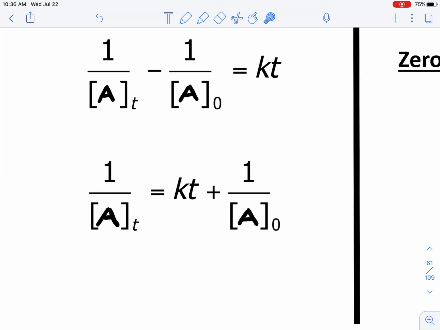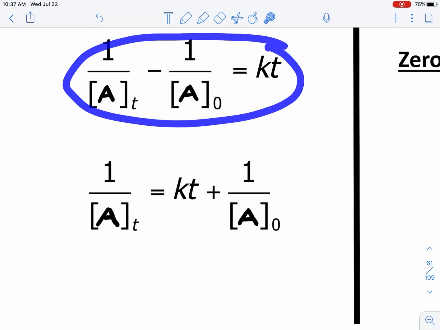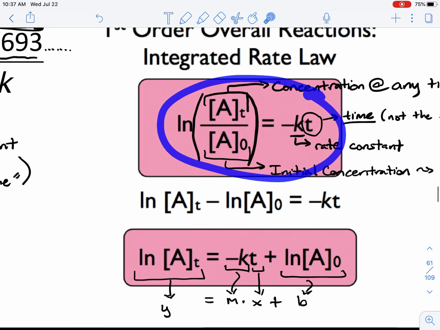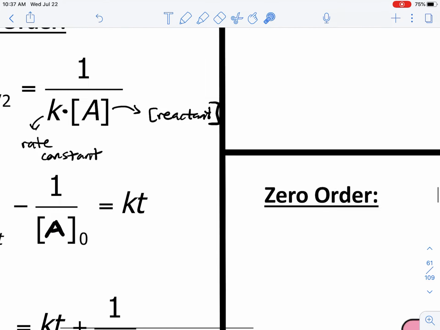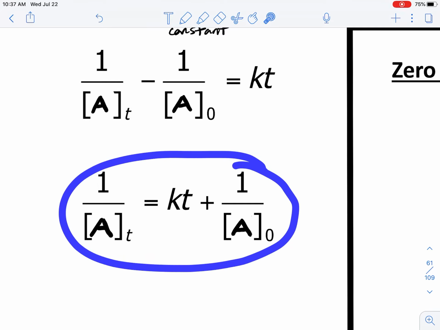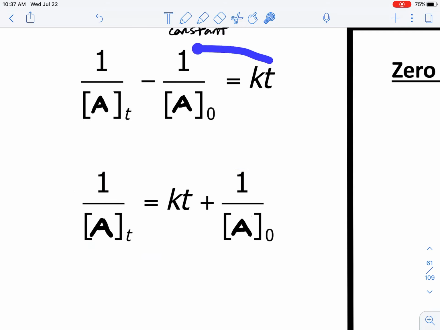And so these two forms represent the integrated rate law for second order reactions, in which the top form is equivalent to this form of first order reactions. And this bottom form is going to be the straight line plot, or the expanded form, for this integrated rate law.